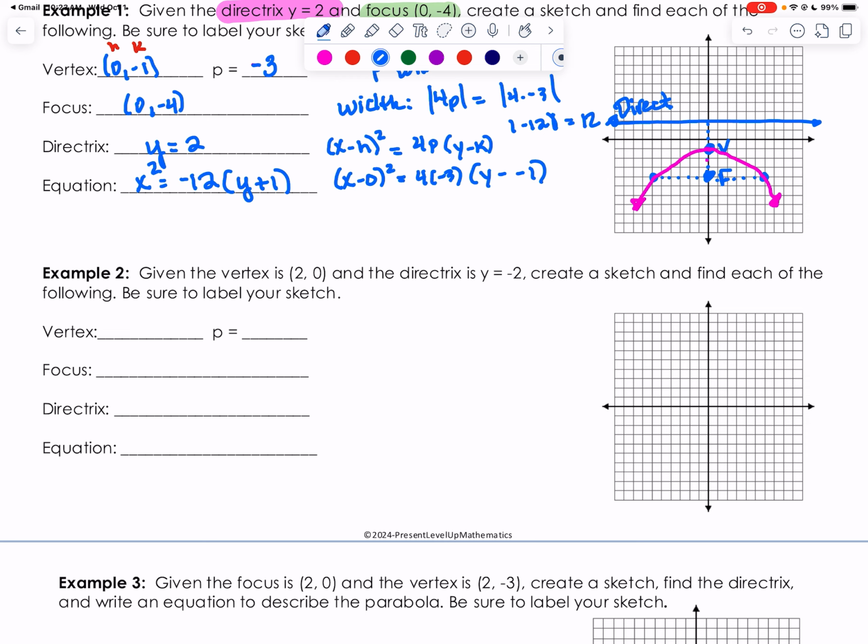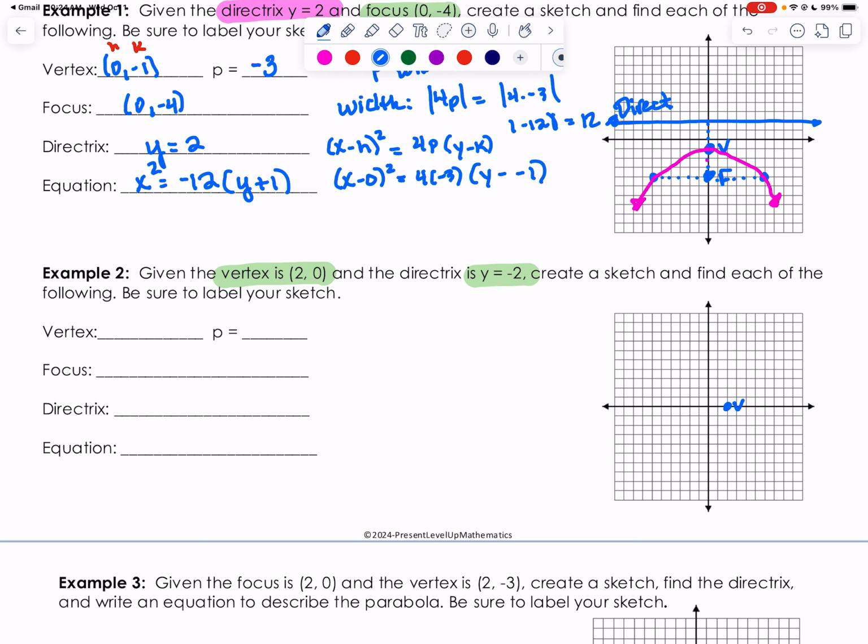All right, example 2. Given the vertex is 2, 0, and the directrix is y equals -2, create a sketch and find each of the following. Be sure to label your sketch. So in this problem, I know my vertex is 2, 0. So always label these with a V for vertex or F for focus.